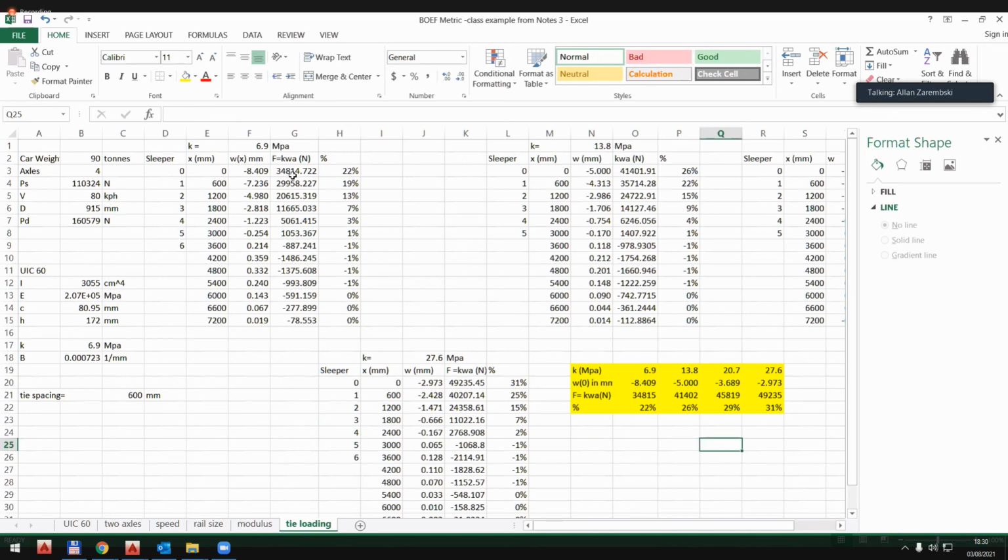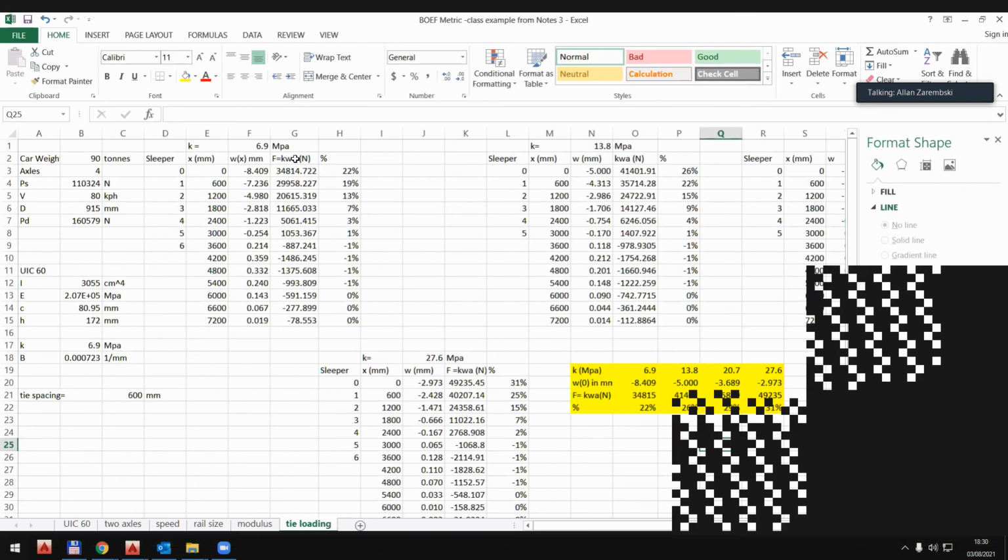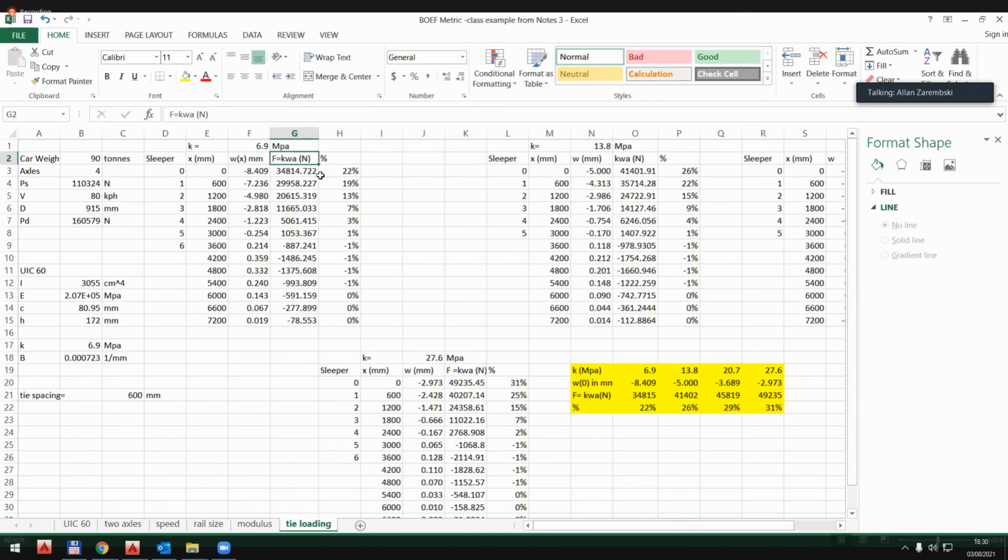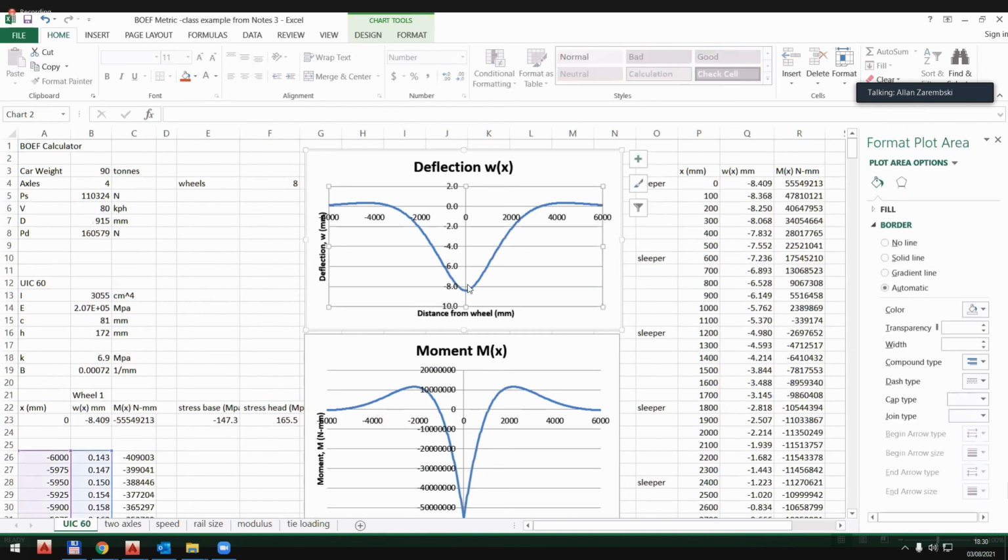So using this KWA approximation, we can calculate the load on each sleeper underneath the track.